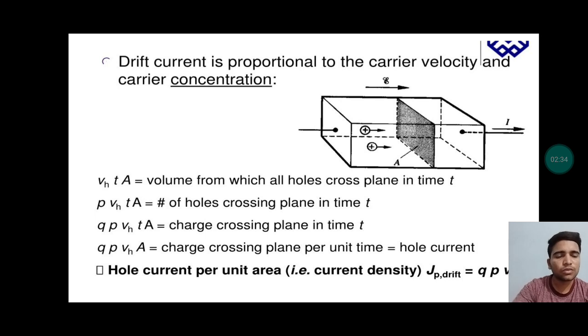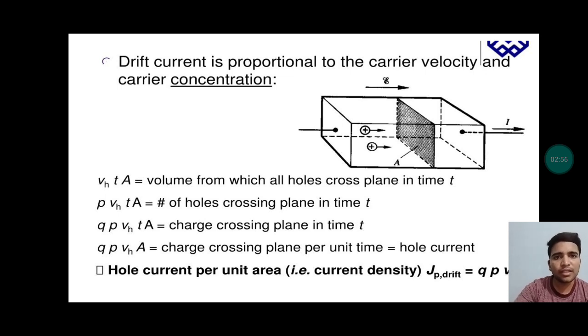Here the diagram shows that Vh times A equals the volume from which all holes cross the plane in time t. P is the holes crossing the plane in time t.